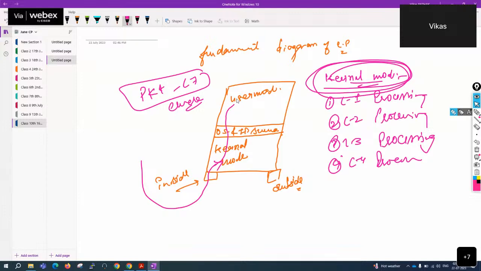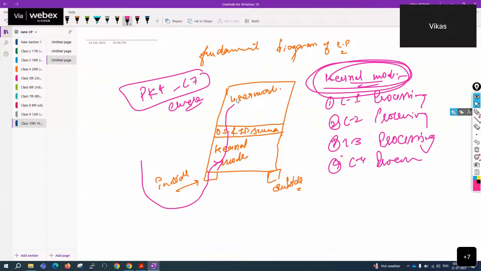Because layer 1, layer 2, it's related to the OSI layers, right? Correct, OSI layer 1 to layer 4. Yes. So in the OSI model, we have a total of 7 layers, right? Layer 1 is the physical layer, then layer 2, data link layer, layer 3, network layer, and layer 4 is the transport layer, right?